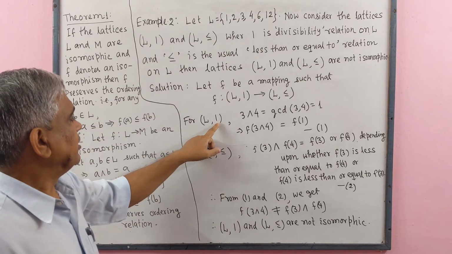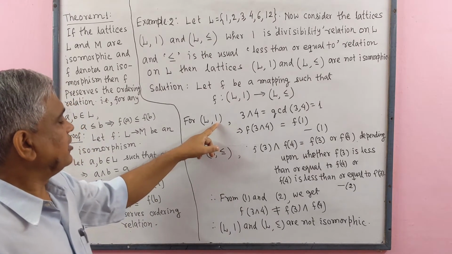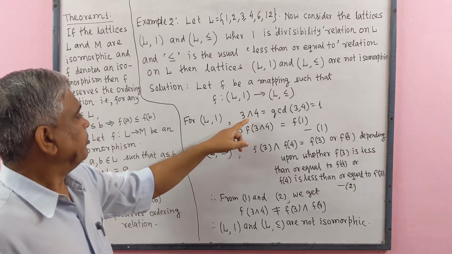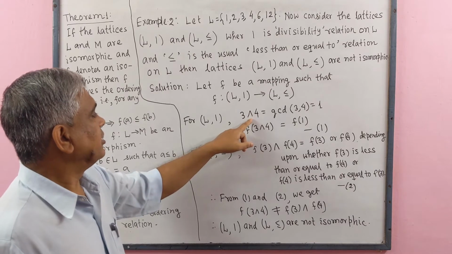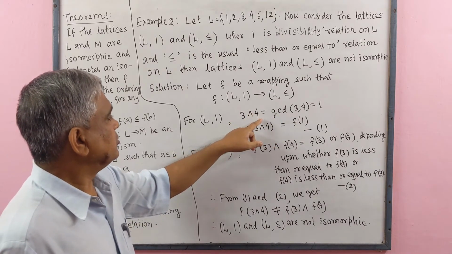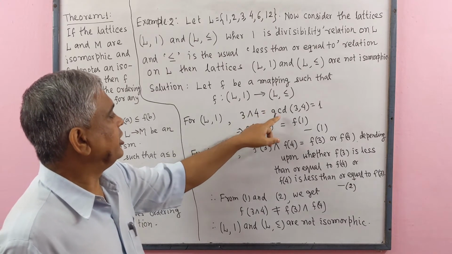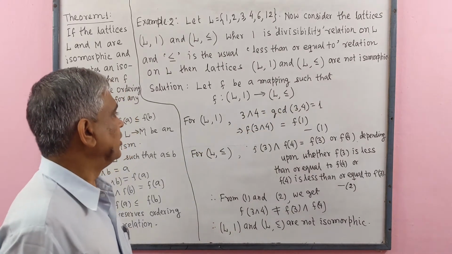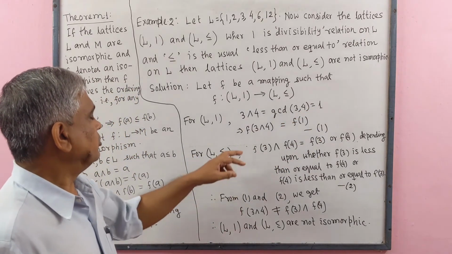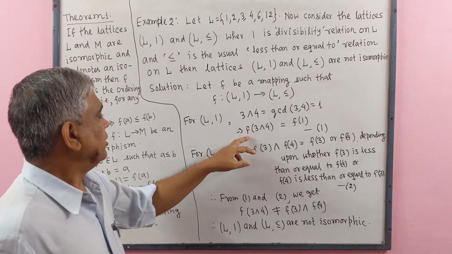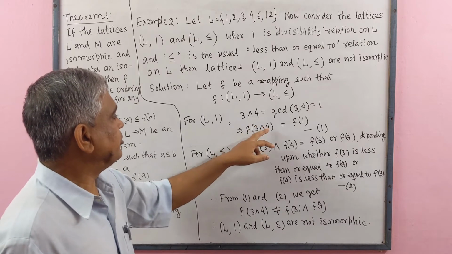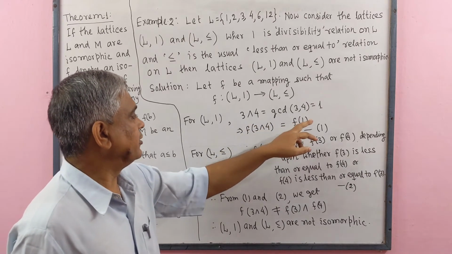Since in the divisibility relation we know that meet means GCD, 3 meet 4 equals GCD of 3 and 4, that is equal to 1. Now taking the function on both sides, f(3 meet 4) equals f(1). This is number 1.